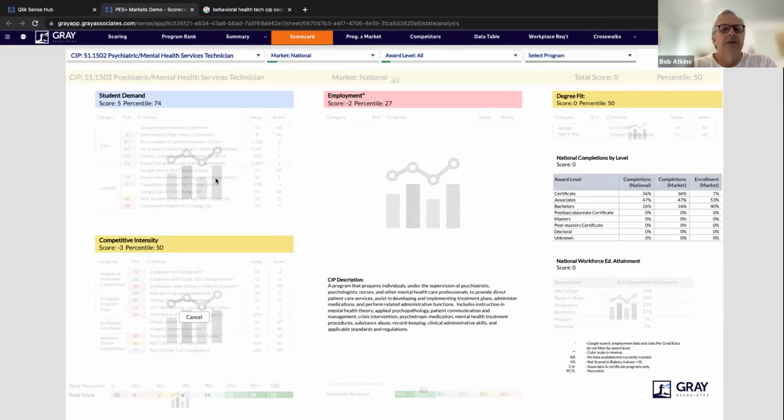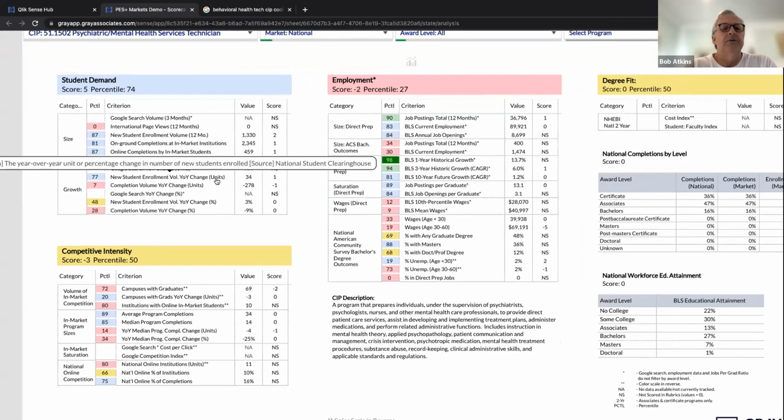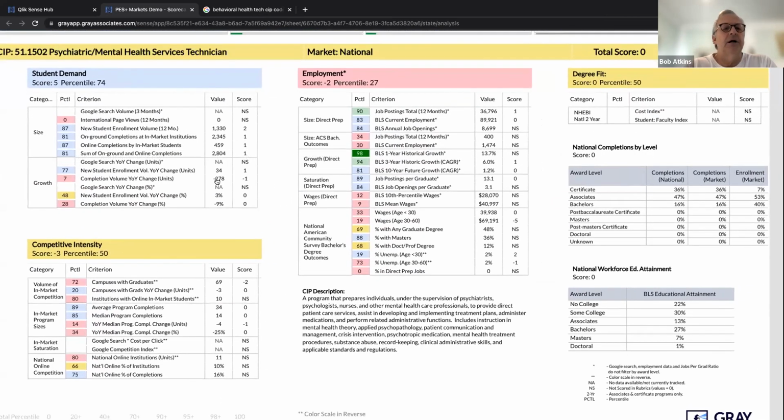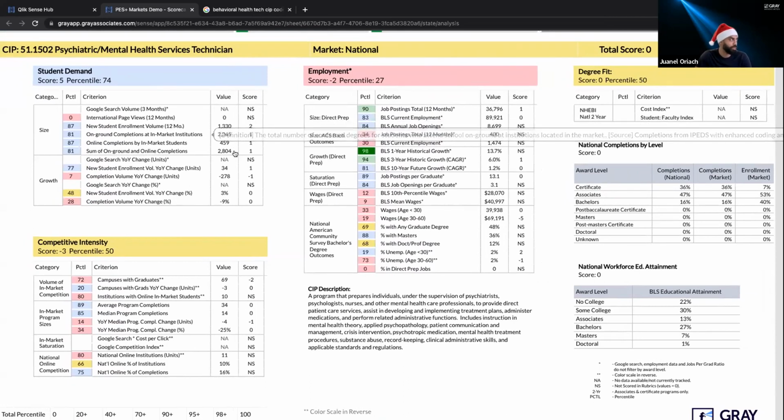We tracked 900 programs out of about 1,500, so this just didn't make the cut in terms of size. We're seeing some pretty steady, above 80th percentile numbers here for student enrollment, on ground, online, and some of on ground completions. These are the size metrics related to student demand.